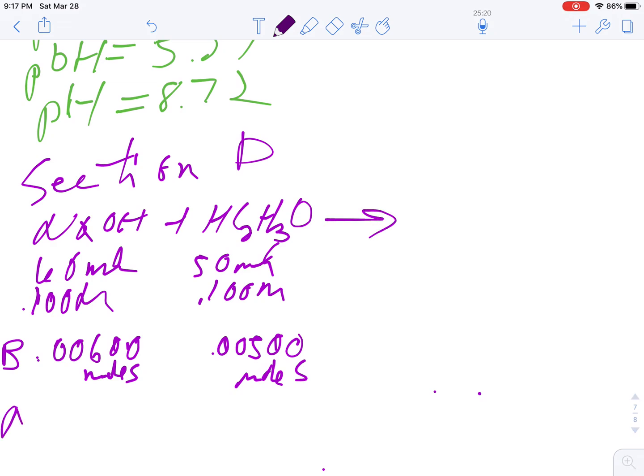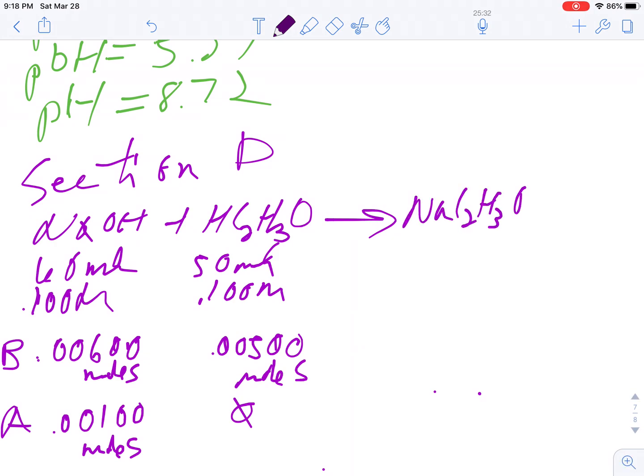They will react. Afterwards, I will have that much left, and I will have no acid left. What is this going to generate? Beforehand, I have 0 of this, 0 of this, and then I will generate 0.005 moles of this.